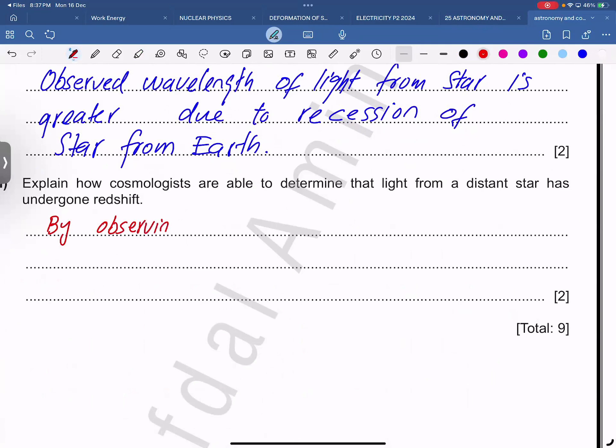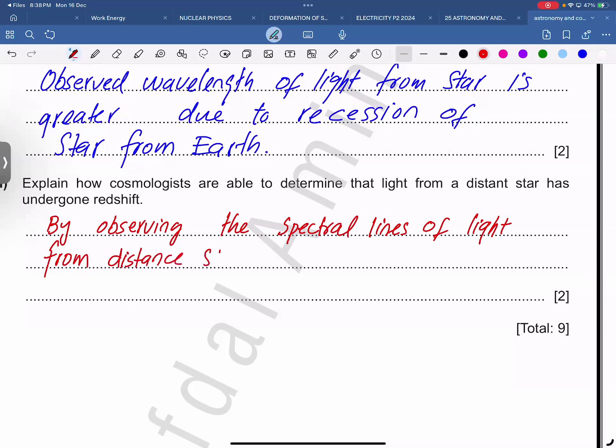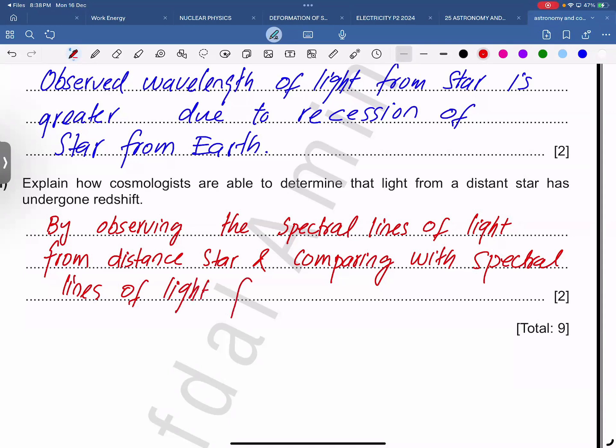By observing the spectral lines of light from a distant star and comparing them with the spectral lines of light from a source on Earth.